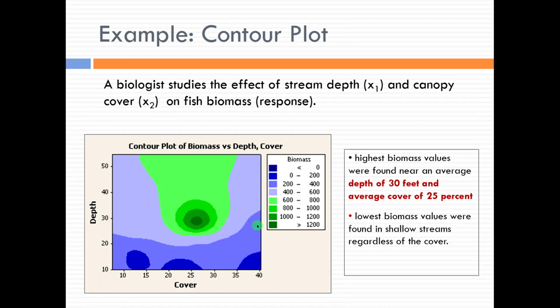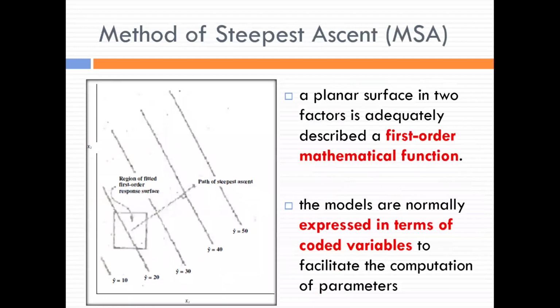Tapos nag-move ka away, malamang ma-reach mo yung mga negative na values, no? Or yung mga valleys as opposed to the peaks. So pwedeng mag-move ka perpendicular tapos dito encounter a contour plot, pwedeng mag-move ka perpendicular to that one. Tapos eto contour plot, move perpendicular to that one, hanggang ma-reach mo tong value na to. So parang ganun yung ginagawa ng method of steepest ascent. Hanapin natin yung peaks in the most efficient manner.